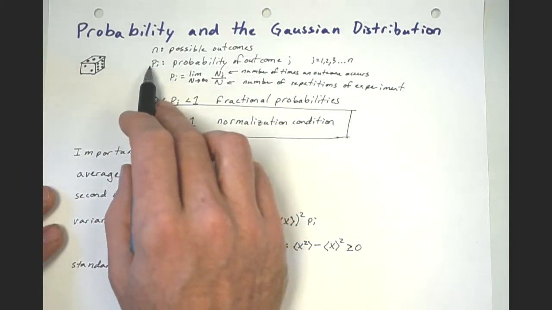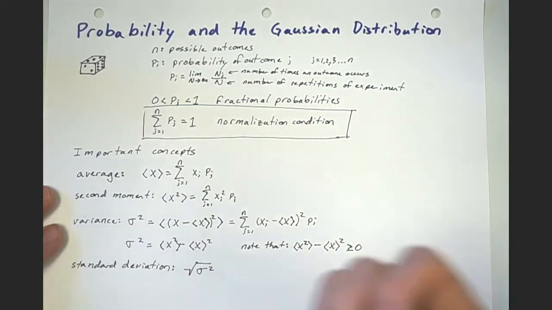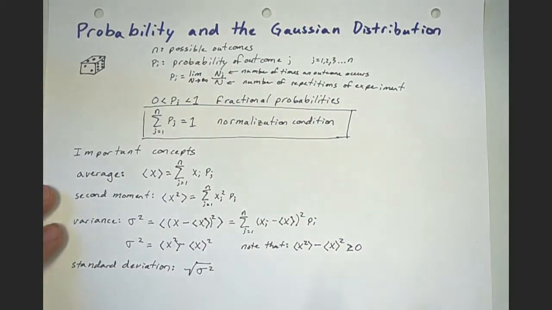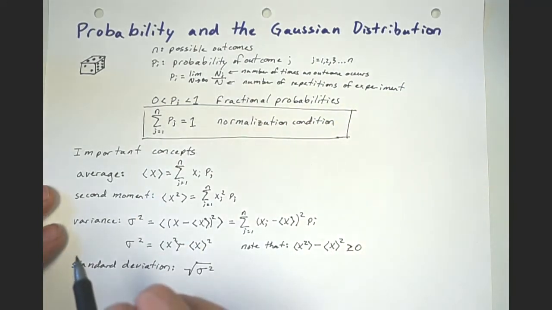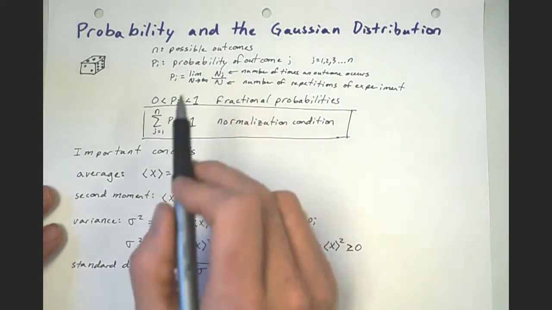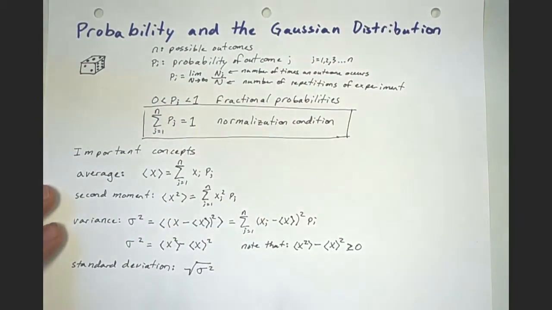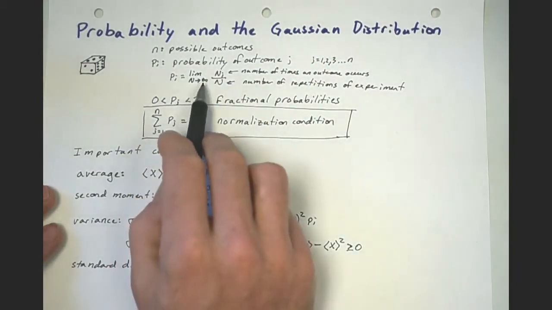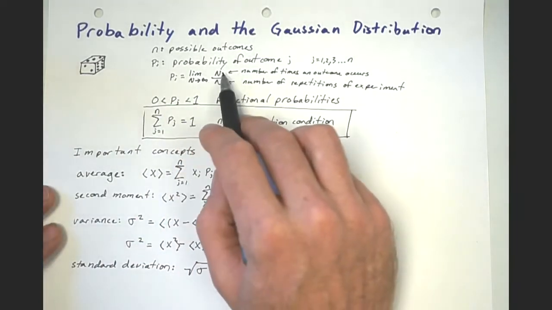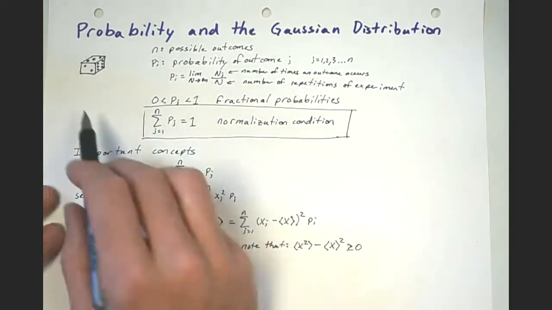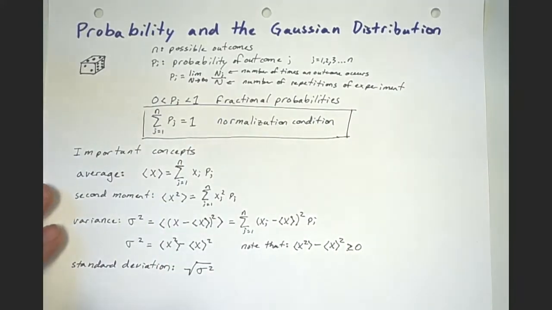And we can define a probability P sub j, the probability of some particular outcome j, which is just the number of times that an outcome will occur over the number of repetitions of an experiment. If we perform this experiment of rolling a die an infinite number of times, as the number of tries goes to infinity, our probability will be the number of times that we roll, say, a 2 over the total number of tries.